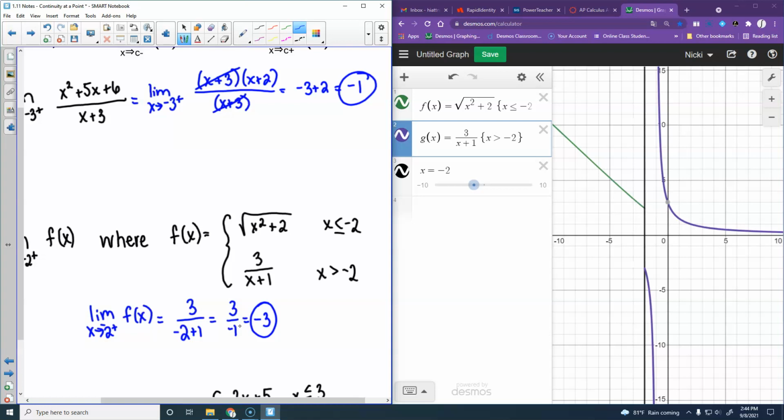So you can see here the closed circle is actually the one up here, because you've got your or equal to here. But for limits, it does not matter whether it's open or closed. If it's from the right, you want to use the function that would be on the right side, which typically is going to be that bottom function here.